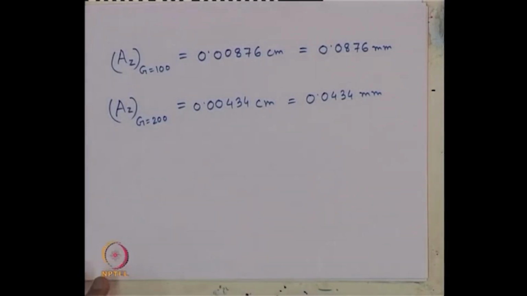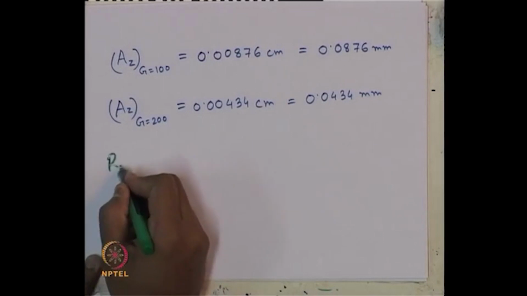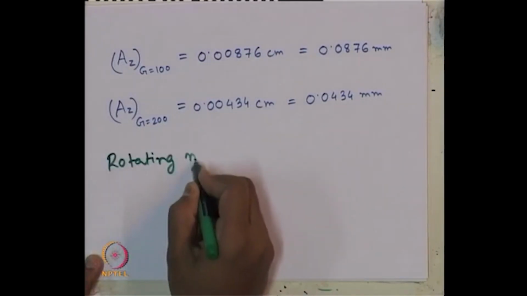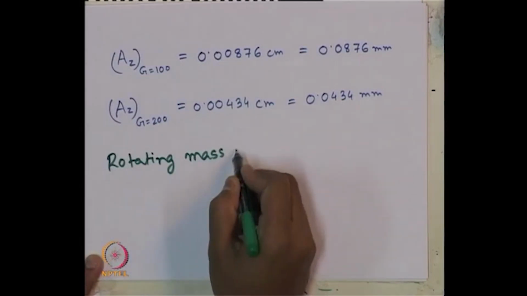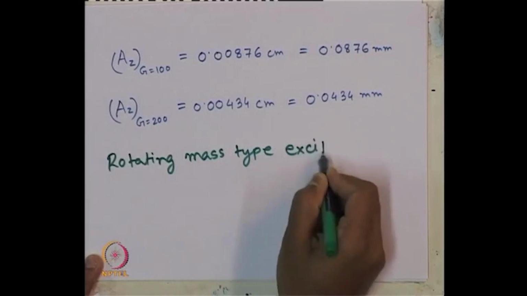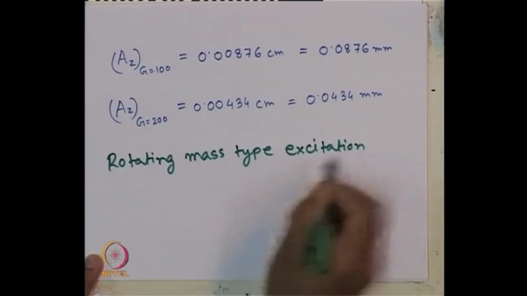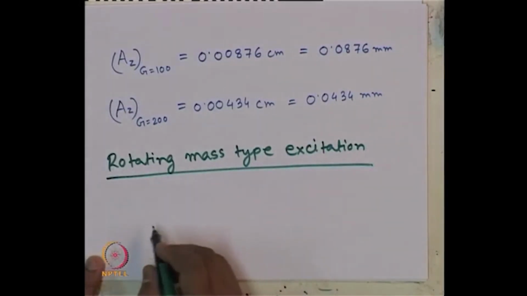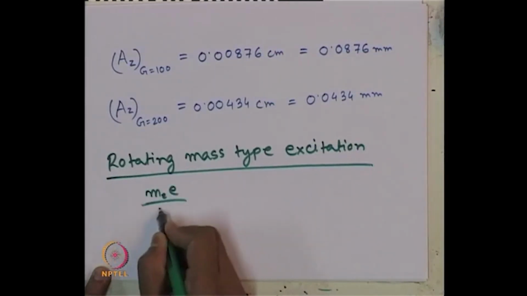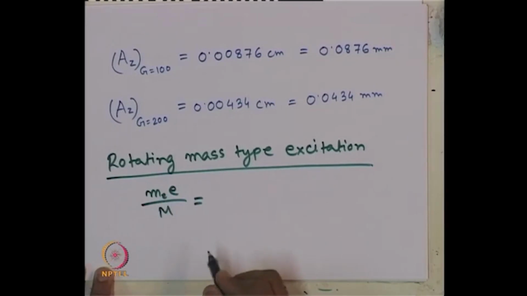Now, let us do it for rotating mass type excitation. In that we need to find out m e e by m, this ratio.